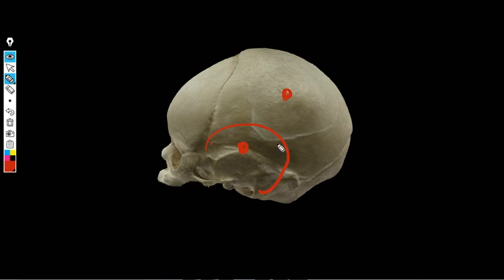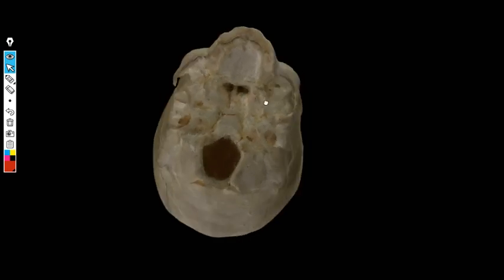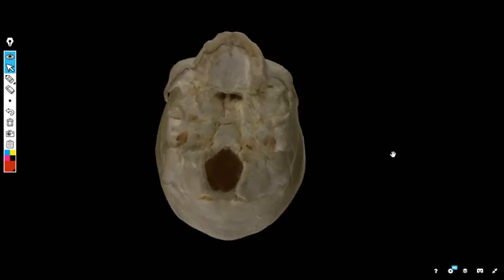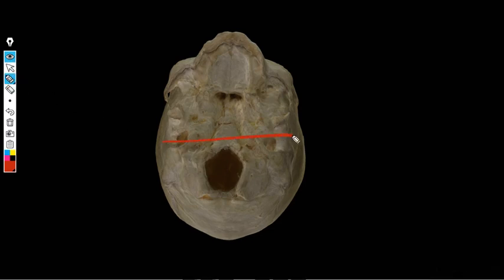So the bitemporal diameter, if we see from here, from the inferior of the fetal skull, this, my friend, will be the bitemporal diameter, and the bitemporal diameter is 8 centimeter.